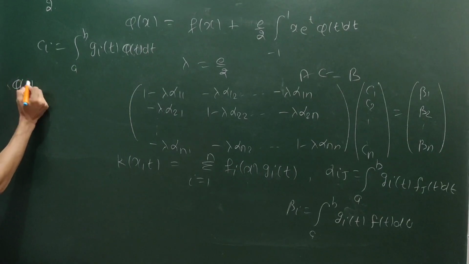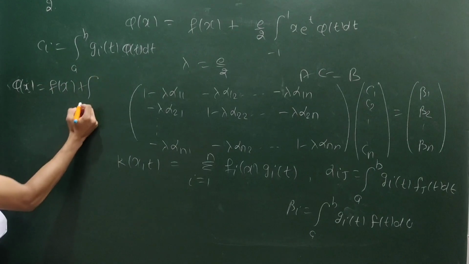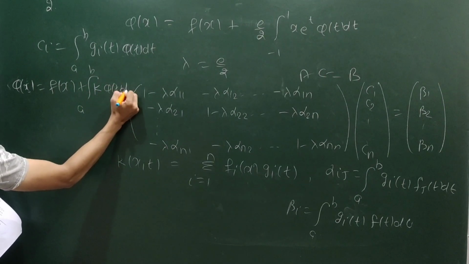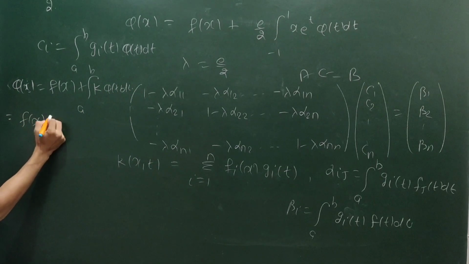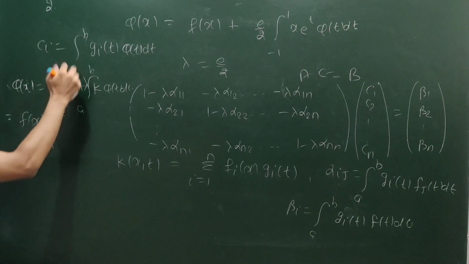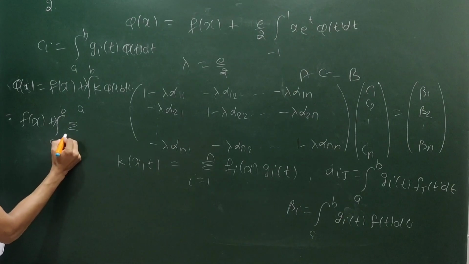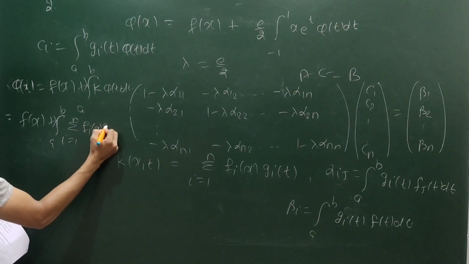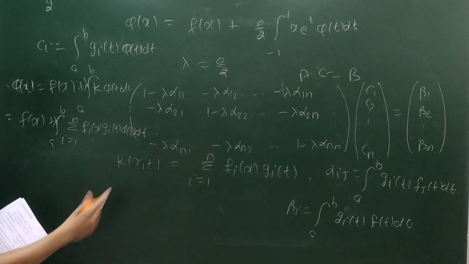When your equation is of this form, phi(x) is equal to f(x) plus the integral a to b of some kernel k phi(t) dt. When your kernel is degenerate, you will put this in: phi(x) equals f(x) plus, let me put lambda again, lambda times the integral a to b of the summation i running from 1 to n of f_i(x) g_i(t) phi(t) dt.